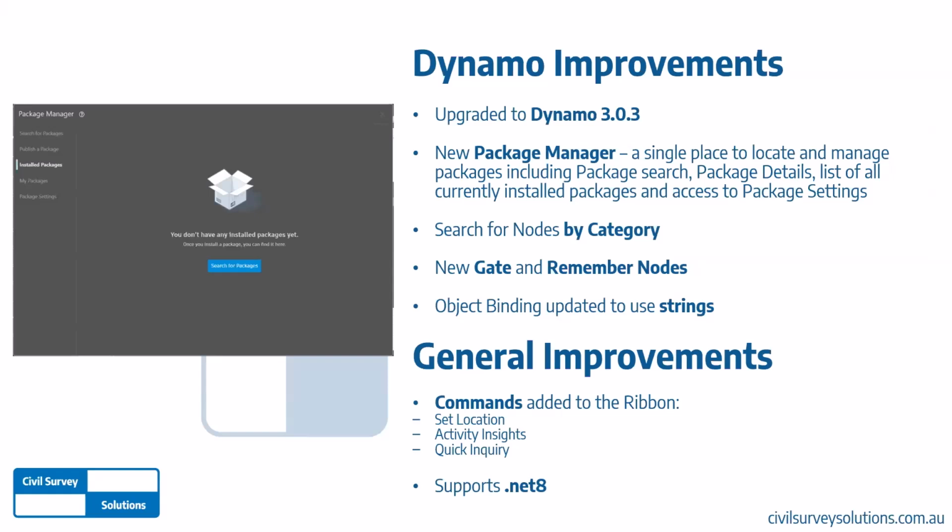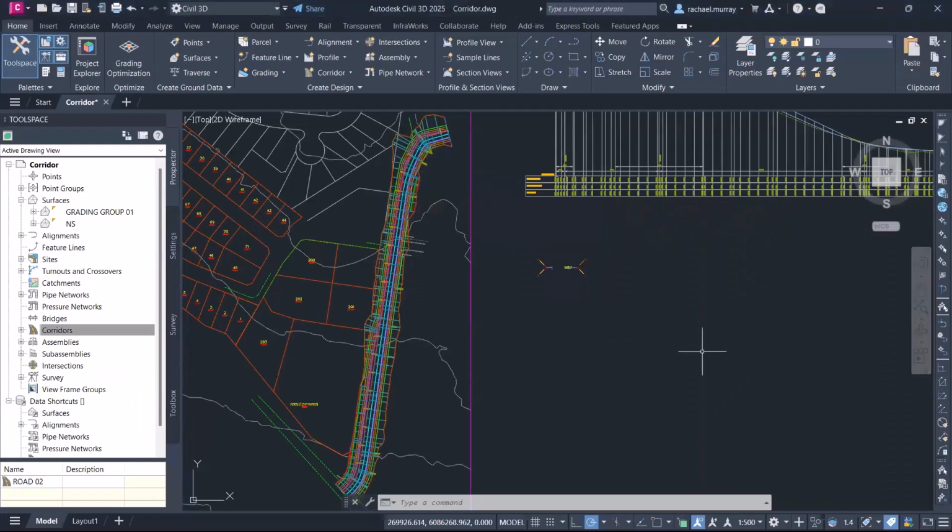There's also been the ability to search nodes by category added, as well as a couple of new nodes, and object binding has been updated to now use strings. A couple more improvements. A few commands have been added to the ribbon, including set location, activity insights, and quick inquiry. So as promised, I will show you where the set location is.